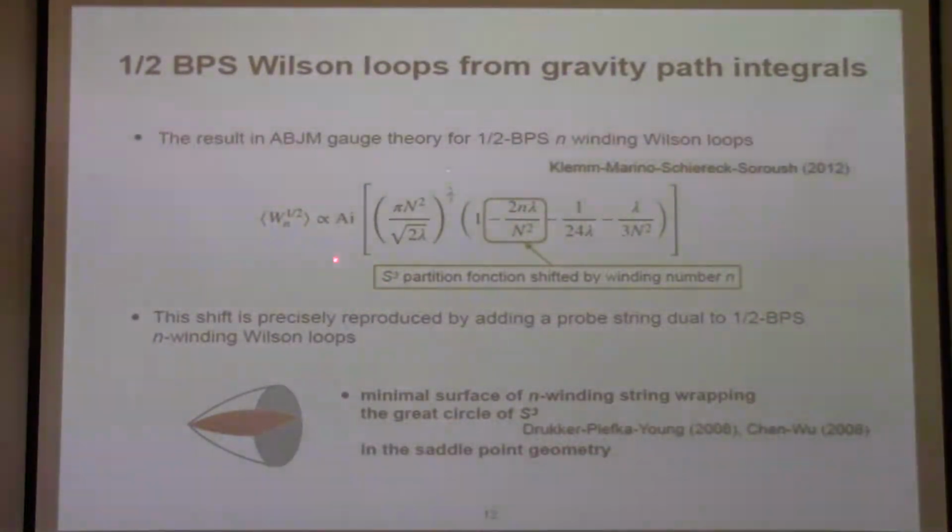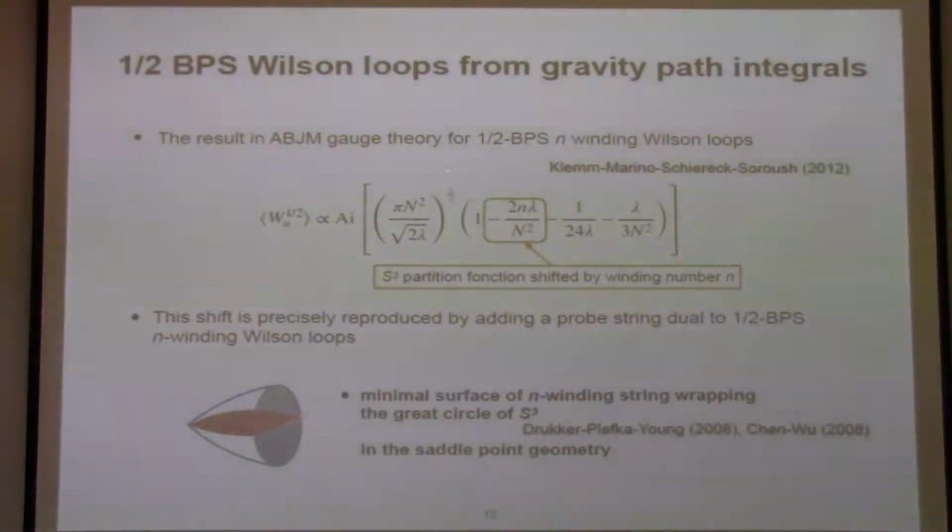It's again the Airy function, but the argument is shifted by this much, which is proportional to the winding of the string. Because this is a higher curvature correction, we cannot reproduce it ignoring that, so we want to reproduce this shift from pure Einstein gravity plus a Nambu-Goto string computation.